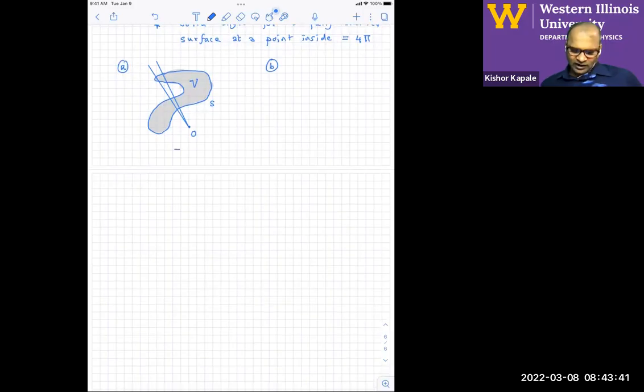What is the omega S for this one? That's the question. In the meantime, I will draw another picture here, so keep thinking about it.